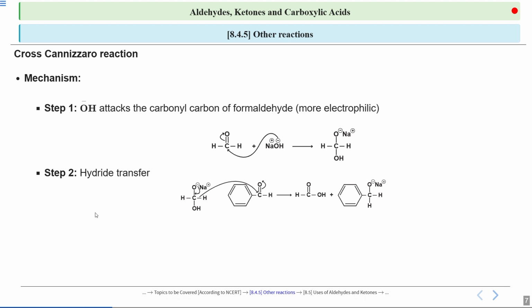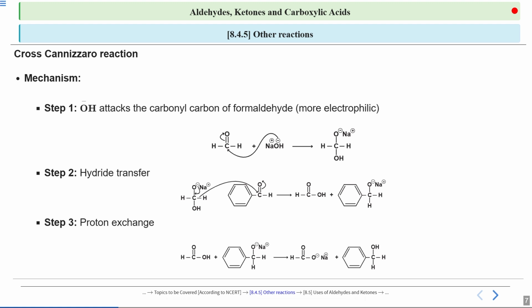The oxygen has a negative charge, this comes down, and the hydride of this tetrahedral intermediate goes to the benzaldehyde, and the intermediate is oxidized to carboxylic acid. So you will see HC double bond O, OH. So it is getting oxidized to carboxylic acid.